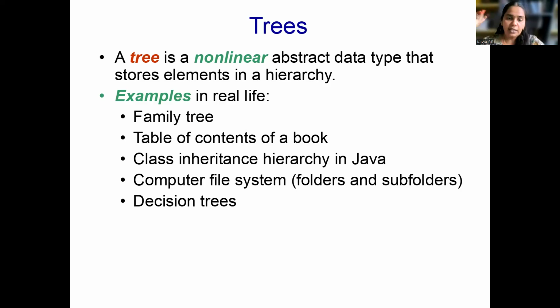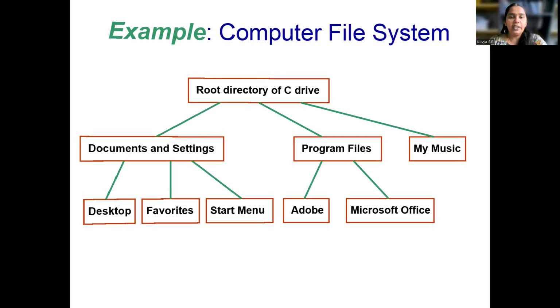Inheritance in object oriented programming is again a tree data structure. And the computer file system, the way in which we store the folders and subfolders, is again said to follow a tree data structure. And talking about the machine learning concept, the decision tree is again said to follow a tree data structure. So these are some of the real-life examples that can be associated with the tree data structure.